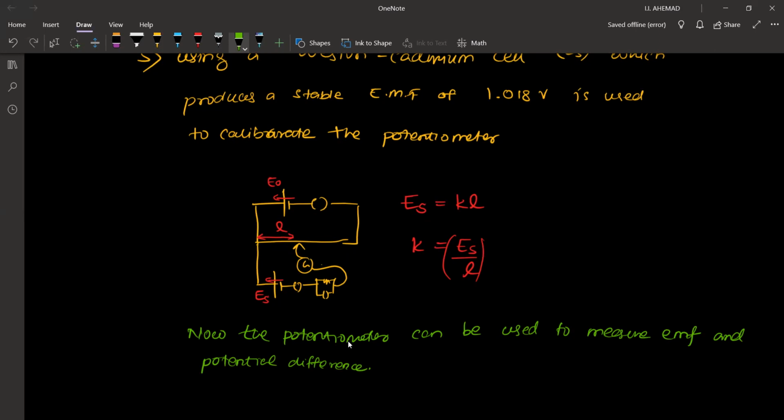So at balance, the current through this is 0. Noted.